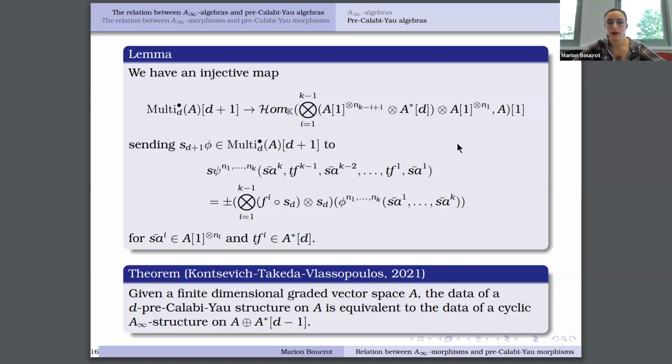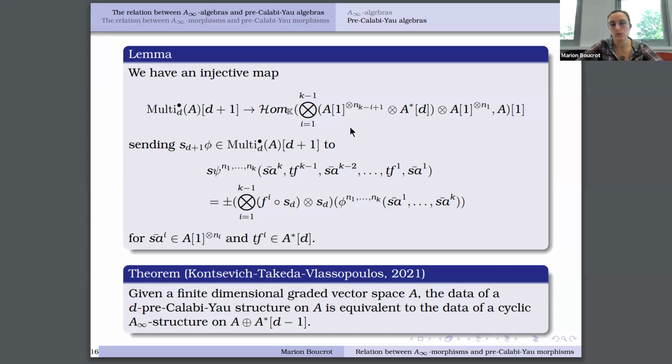So this map is part of some proof one can make of the following statement. Namely, it is possible, when we require an element in this to be cyclic with respect to the natural bilinear form, to get an element of the same Hom, replacing the A here by an A star.